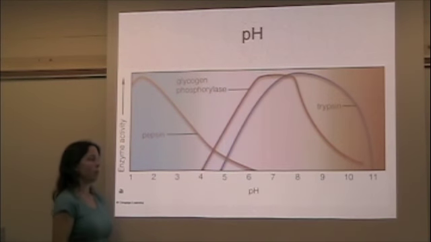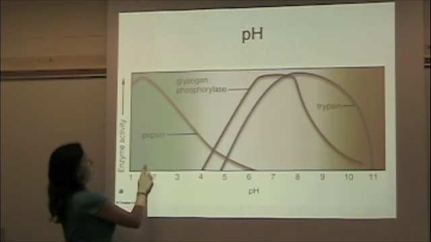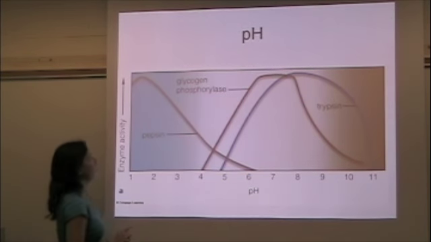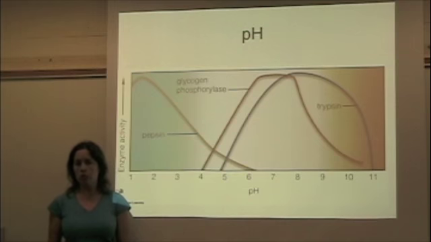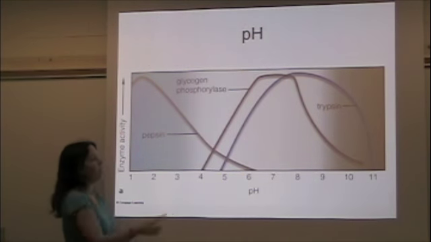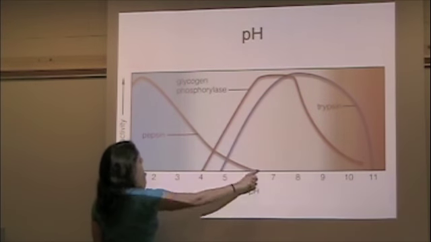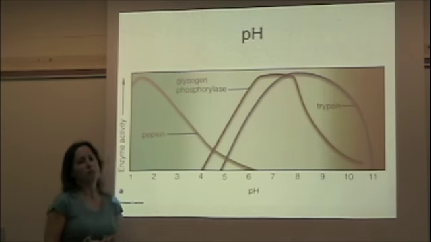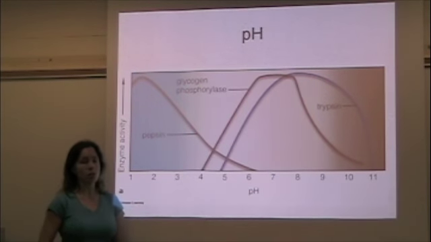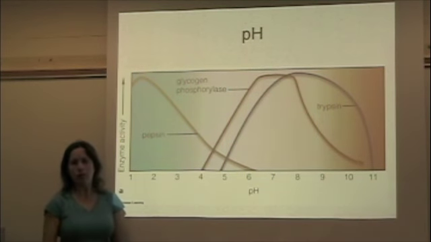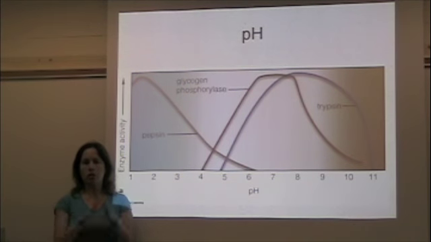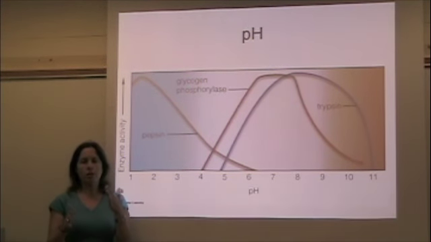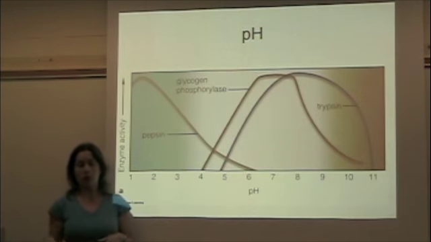So this enzyme is programmed to work at a very acidic pH, and it has its peak activity between 1 and 2, which is extremely acidic. However, if it gets to more of a normal pH range, then it denatures and it no longer functions. So pH is a little bit different as compared to temperature. There's still an ideal range, but there can be some variation in that ideal range.